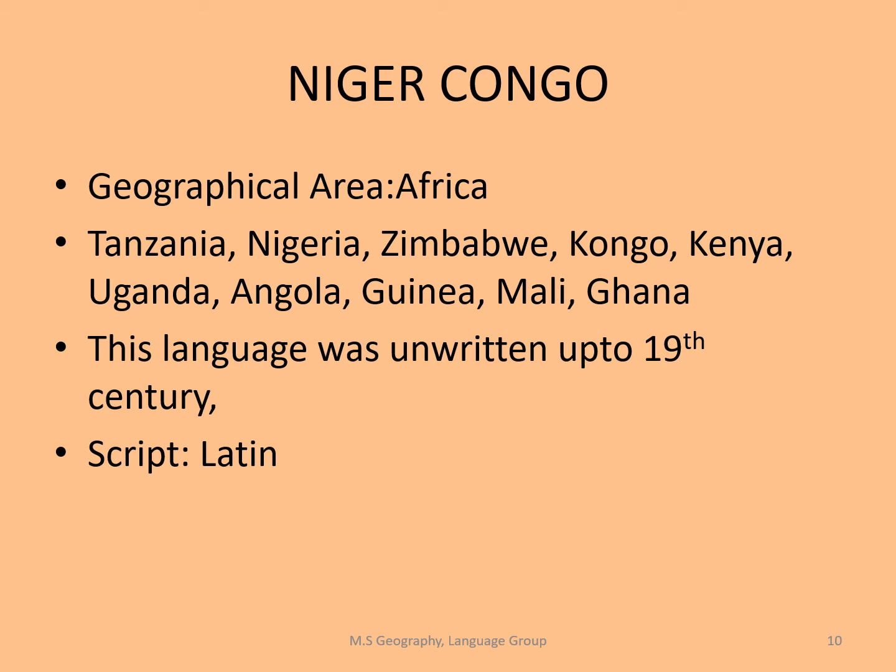The Niger-Congo language mainly uses the Latin script, just like A, B, C, D. In the vast tract of Africa, that is the southern and eastern part of the Sahara Desert, Tanzania, Nigeria, Zimbabwe, Congo, Kenya, Uganda, Angola, Ghana, people of a vast area use this language in colloquial conversation.